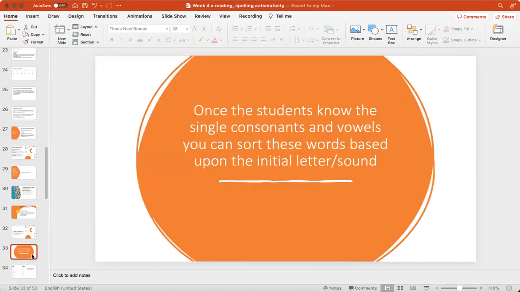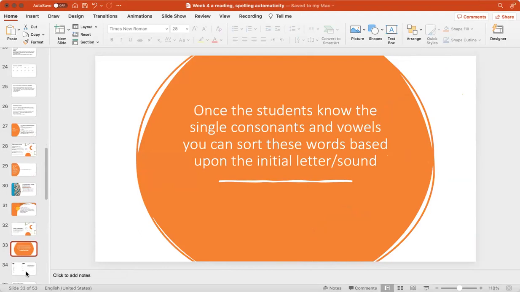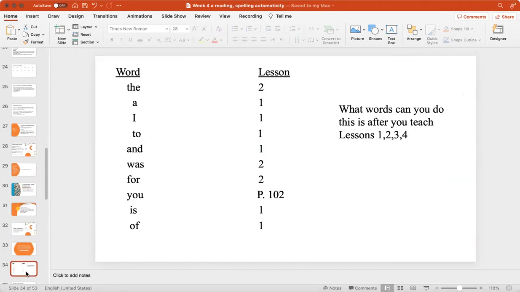Let's do, once the students know the single vowels and consonants, they can sort them based on the initial letter and sound. I don't know why these are in here. But when you're teaching lessons 1, 2, 3, and 4, there are different lessons that you could teach them in, and I marked those down, the lessons in which you teach it.